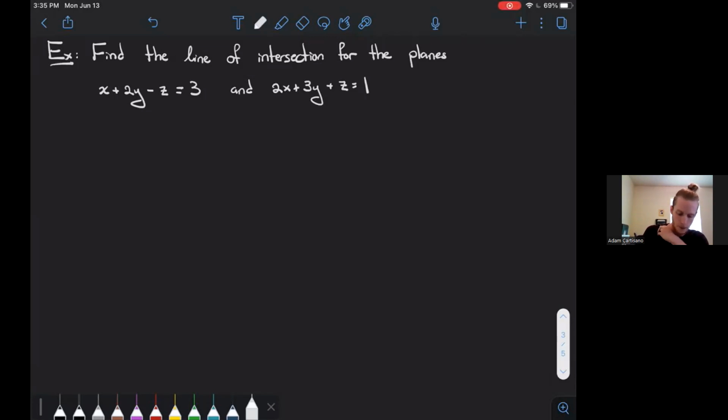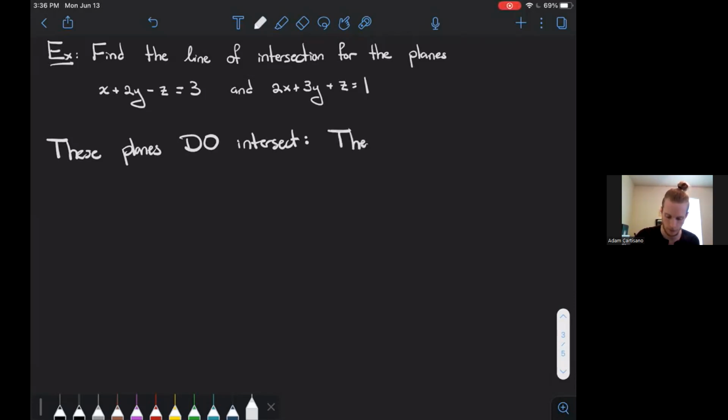So these planes do intersect. For a reason, we'll cover it. I'll give you a description. Their normal vectors are not parallel.